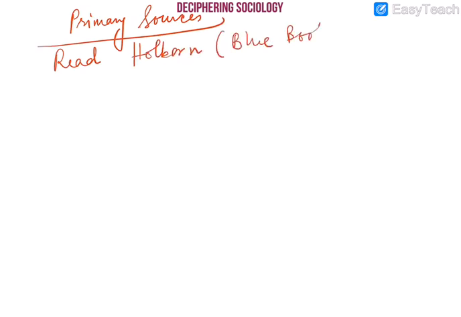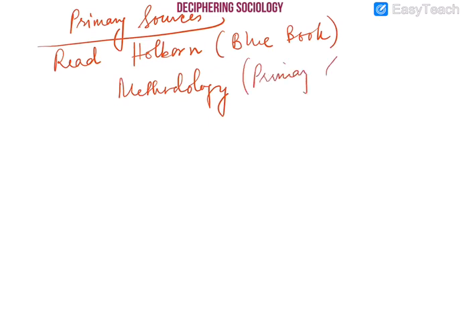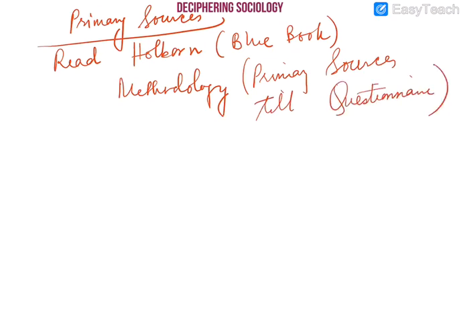So these are the points, or these are the methods that we have studied from primary sources. Please read Haralambos and Holborn, the Blue Book, the chapter on methodology. You will do the primary sources till questionnaire.